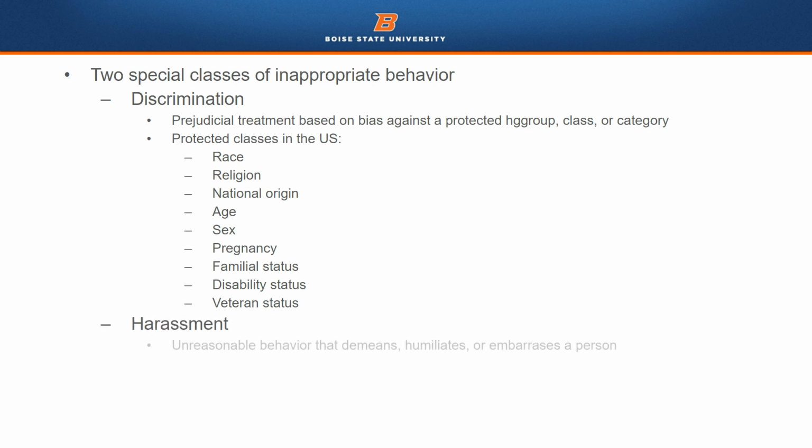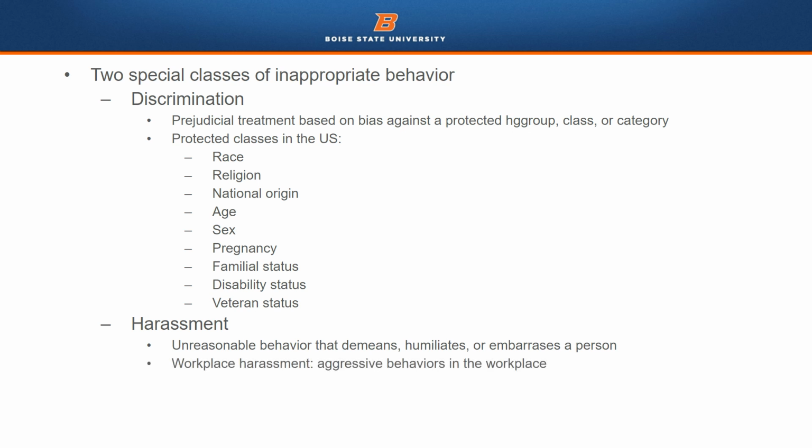The other type is harassment, and this is becoming even more important in the Me Too era and the last several years. But anytime, and so we'll talk about two kind of specific classes of this. But harassment in general is any type of unreasonable behavior that demeans, humiliates, or embarrasses a person.